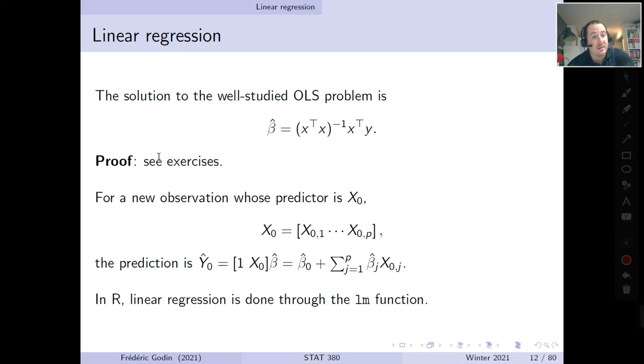Moreover, if you've already seen that result in previous classes, typically the way to show it is long and cumbersome. You have to differentiate individually with respect to all the betas, come up with a system of equations and solve it. But in the exercises, the proof uses vectorial differentiation, and you can see that using these vectorial differentiation operators that we've defined in the preliminary slides, the proof becomes much easier to do.